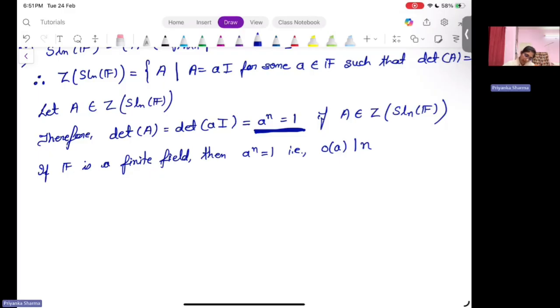So we can have all those numbers from the finite field whose order divides the number n here. It means we will collect all the positive divisors of given n, and then we collect the scalar matrices with respect to those elements. That collection will form the center of SL_n(F) if F is a finite field.